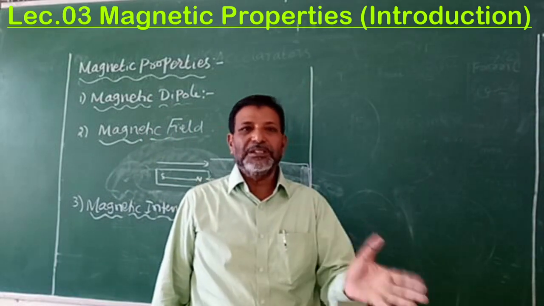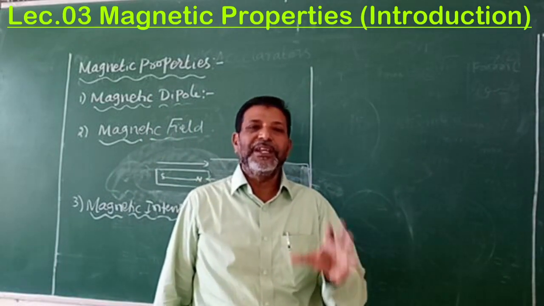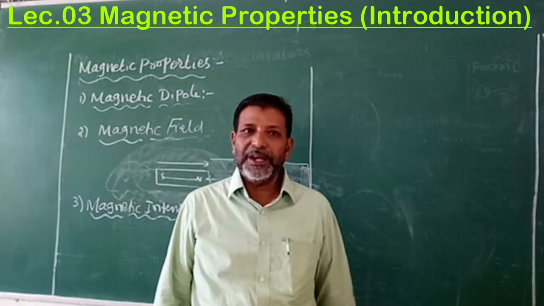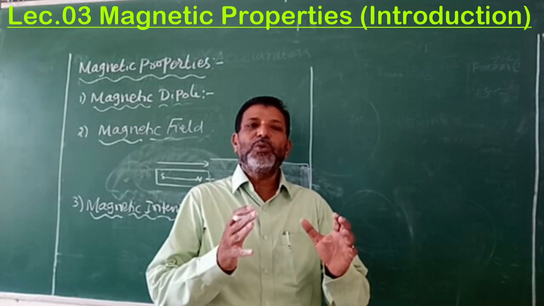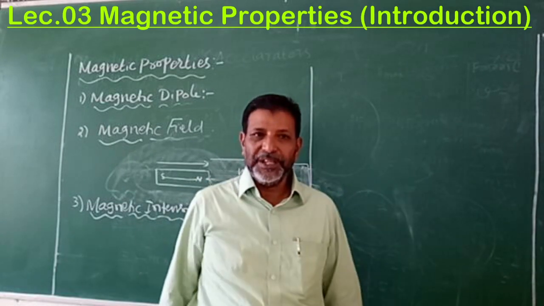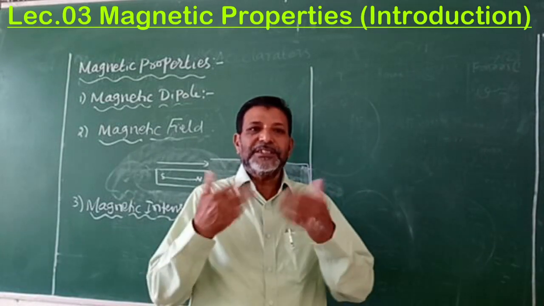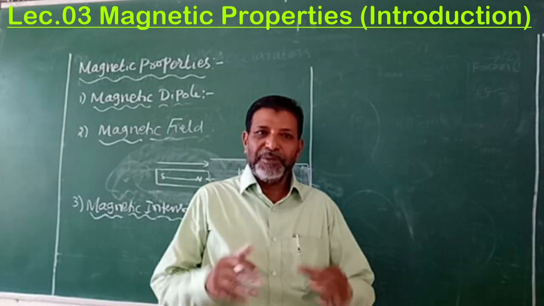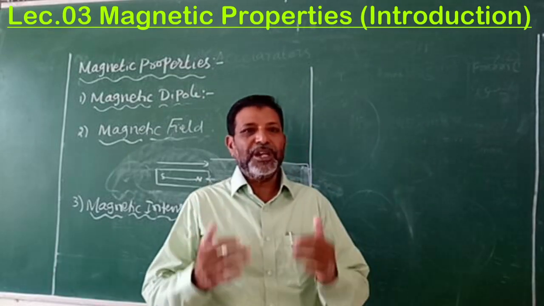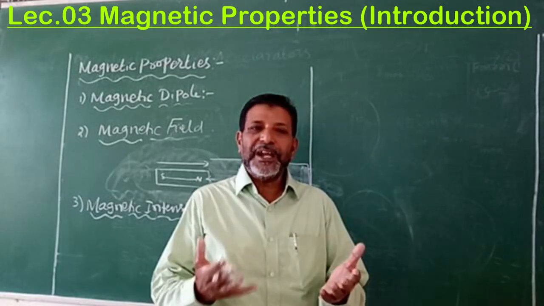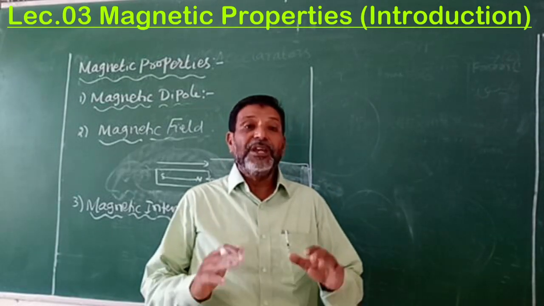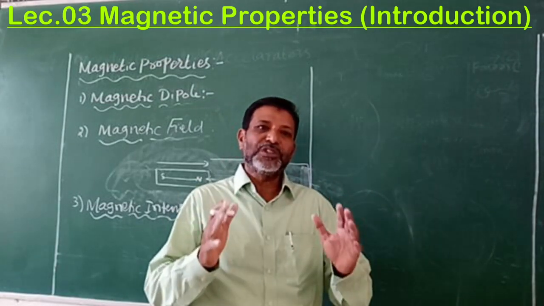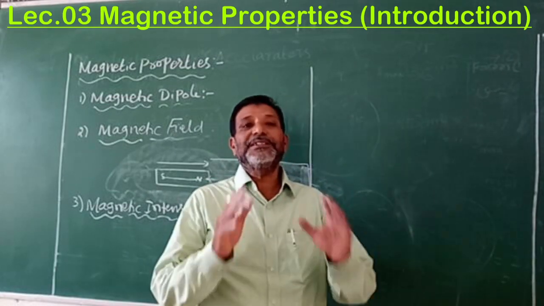If they are like poles, then there exists a repulsive force. But in general, if you have any two poles, there exists a force, either attractive or repulsive. If they are unlike, the force is attractive. If they are like, the force is repulsive. But there is some force.